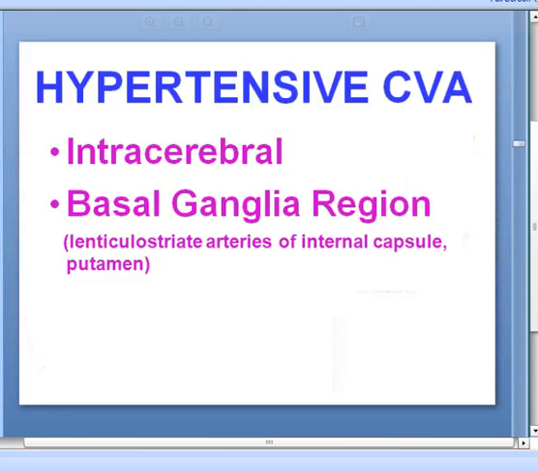Now let's talk about another type of CVA, generally called the hypertensive CVAs. And as you would guess, in a hypertensive CVA, which is caused by too much pressure in the arteries, the primary process would be more likely to be hemorrhage rather than edema, because you're actually rupturing small arteries due to increased pressure inside the brain.